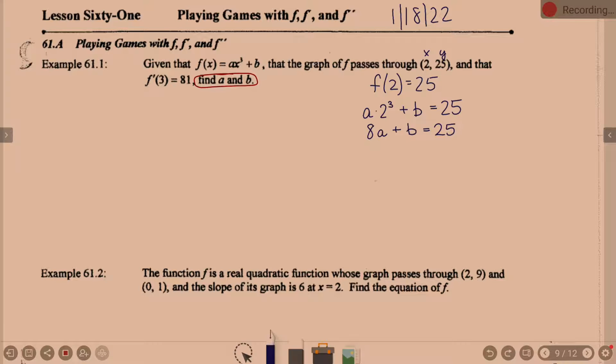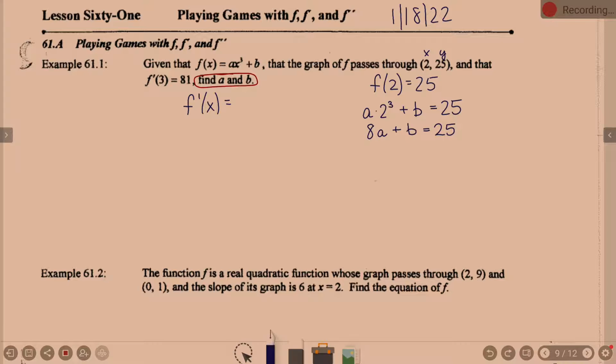What else can we look at? Yeah, we're given some information about the derivative. So if we find the derivative, we can then plug in that information, kind of like what we did here. So let's talk about finding our derivative first. So f prime of x.